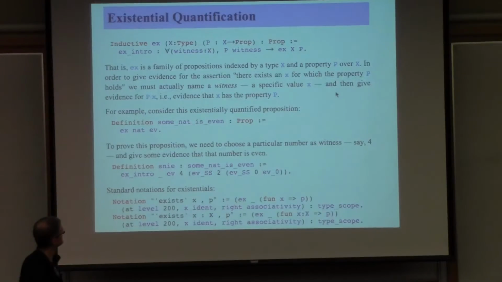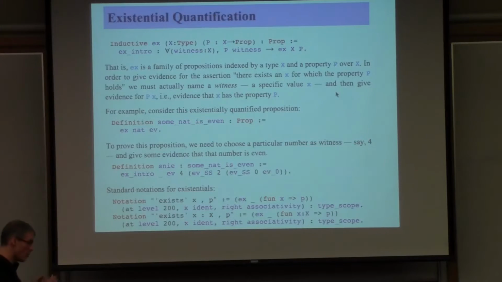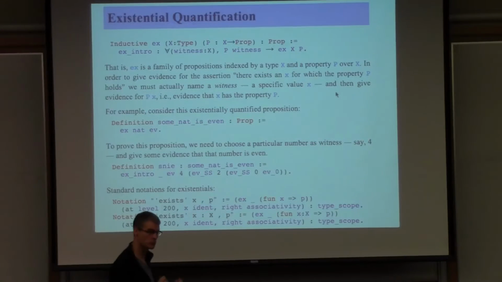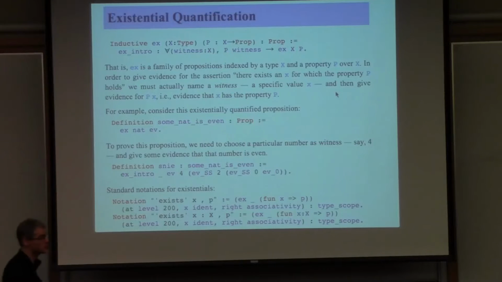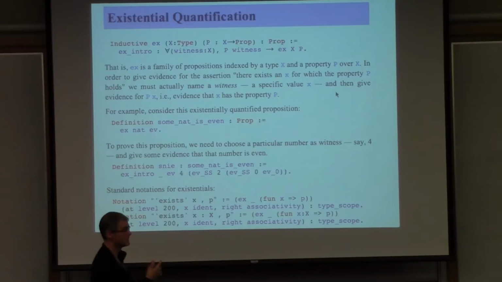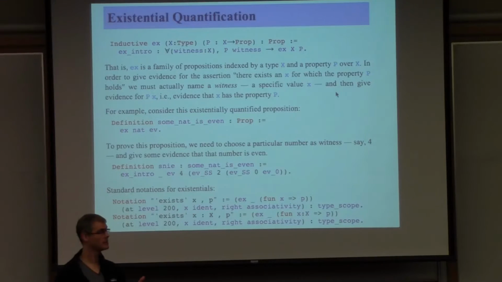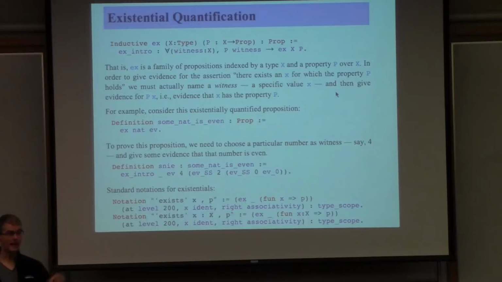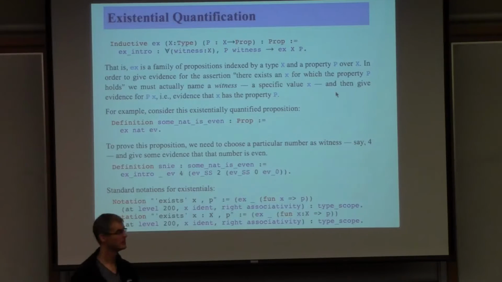Okay, so let's pass on to the constructor. So ex_intro: one way of proving an existentially quantified proposition is we have to give two more pieces of data. We have to give a witness, which is an element of the type X, and we have to give evidence that P, the proposition that's being existentially quantified, holds for that witness.